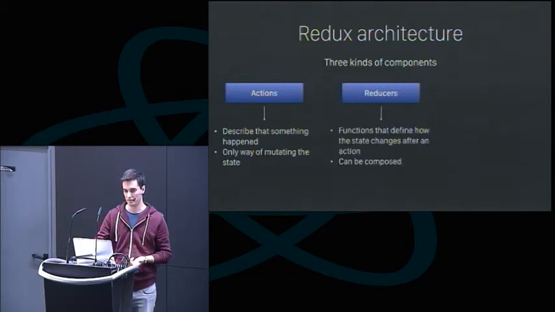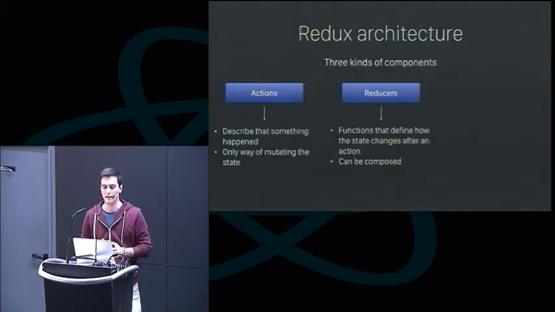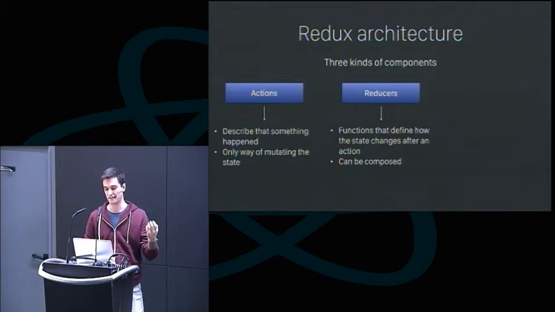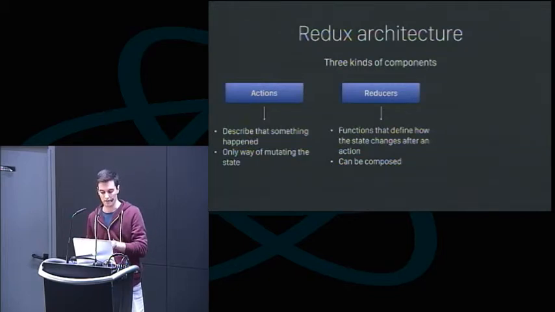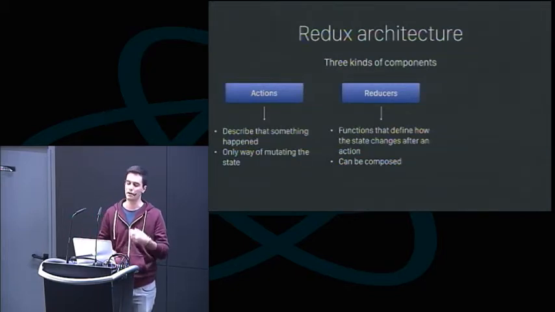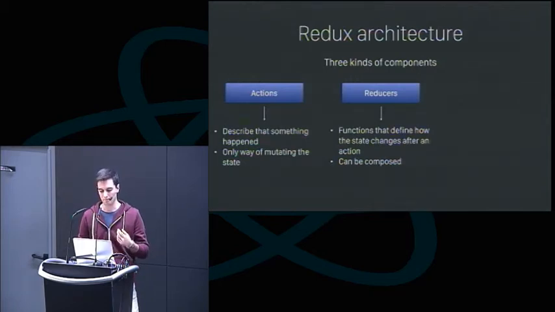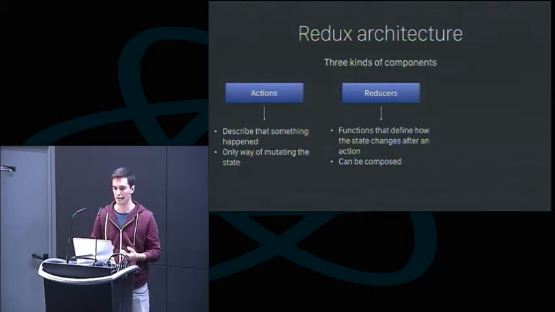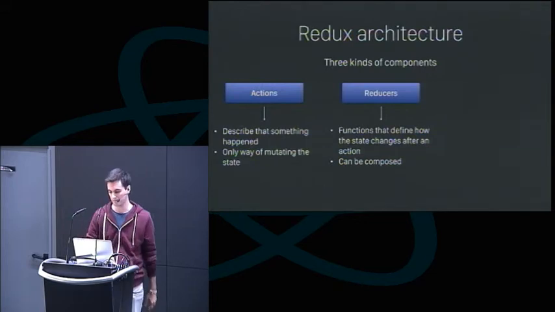Then you have the reducers, that are the functions that are in charge of mutating this state. The reducers receive the action and the state you have now, and then after a series of mutations, they return you the new state. They can be composed, another thing of functional programming, composing functions.